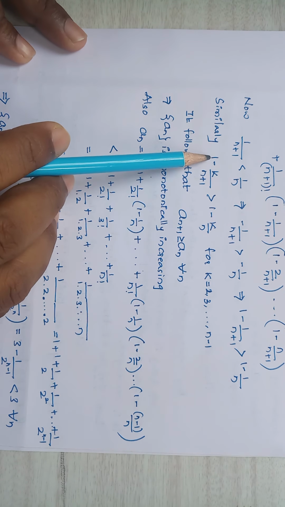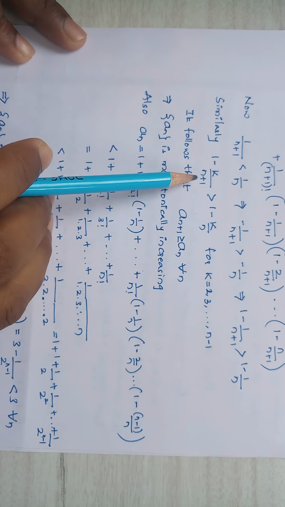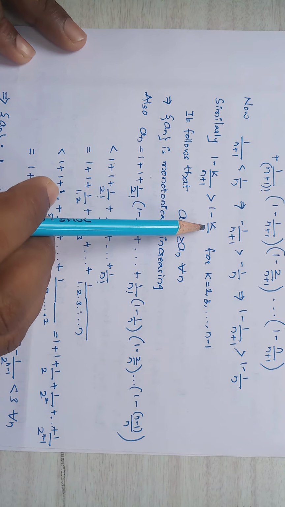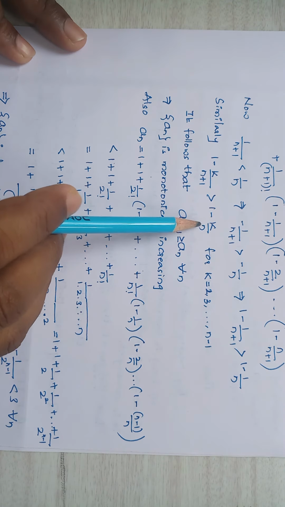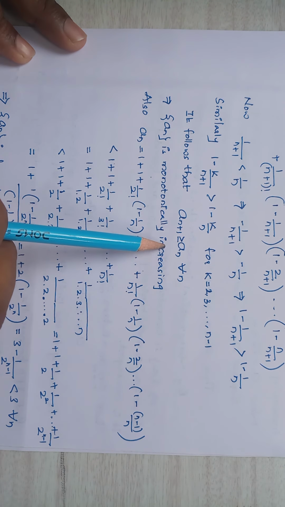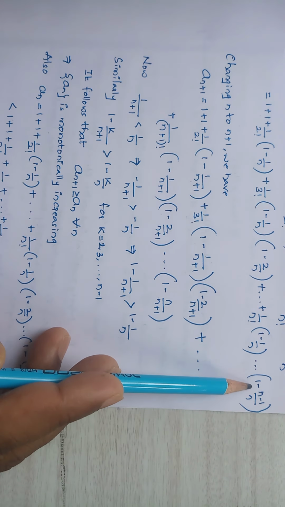So 1 minus (n minus 1) divided by n plus 1 is greater than 1 minus (n minus 1) divided by n. So it follows that a(n plus 1) is greater than or equal to an. So this is the bigger term than this term.